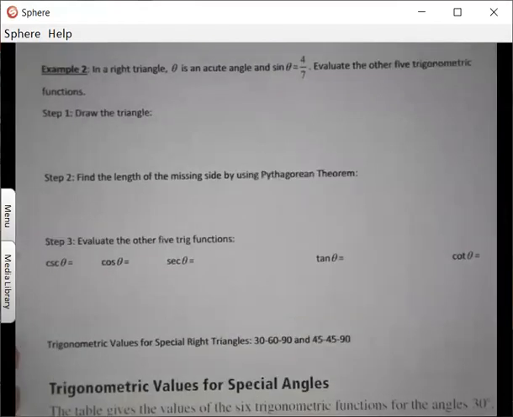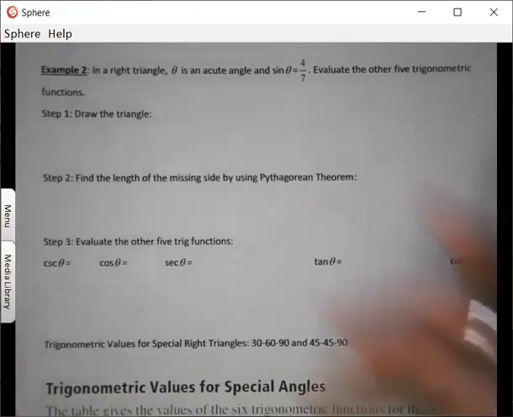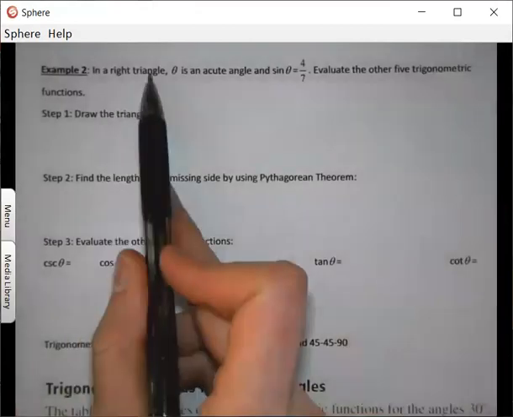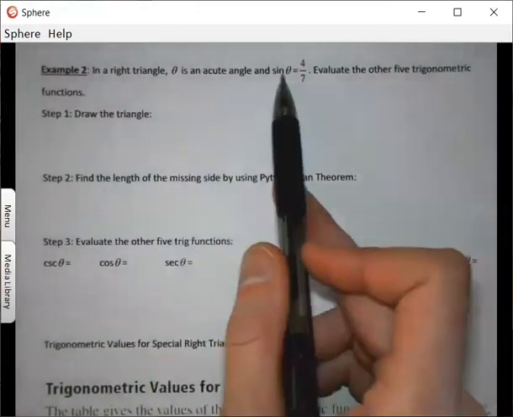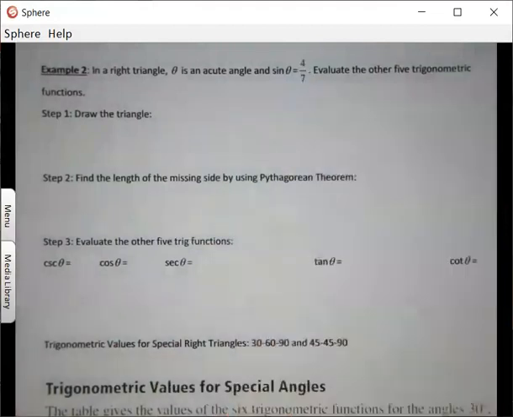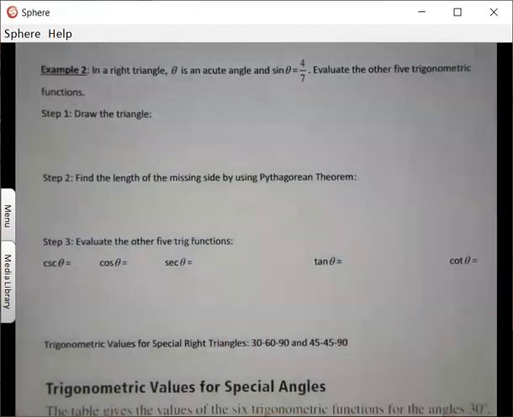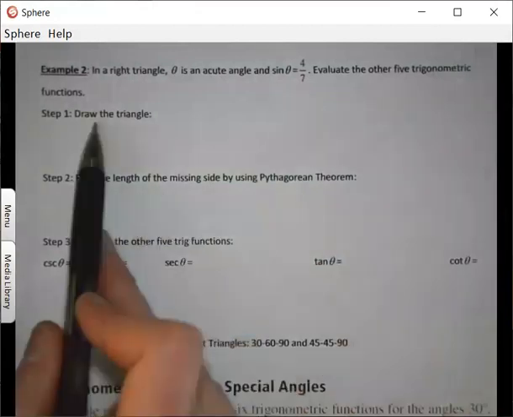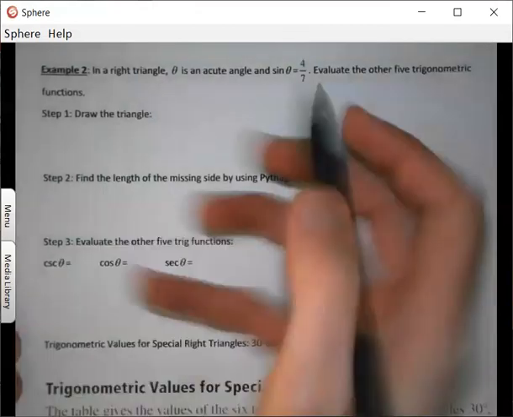Okay, so example 2 is a little more complicated. So it says, in a right triangle, theta is an acute angle, and the sine of theta is 4/7. We want to evaluate the other 5 trig functions. So step 1, we're going to draw the triangle. We're going to draw what's going on. So it says we have a right triangle.